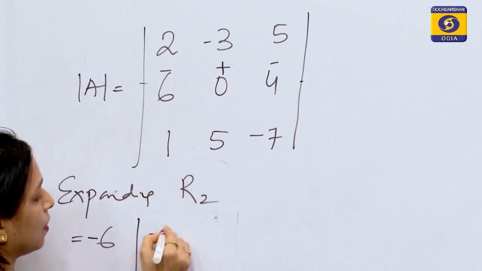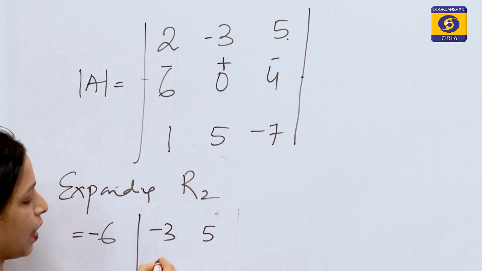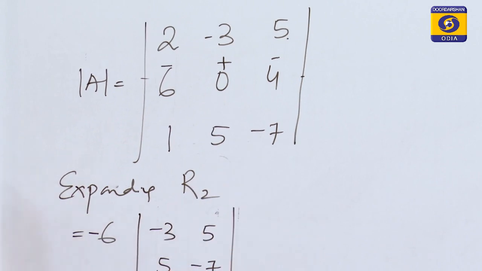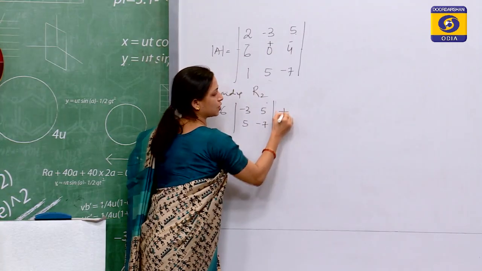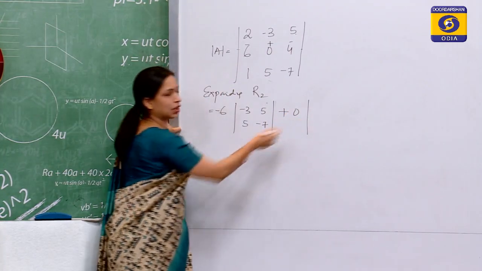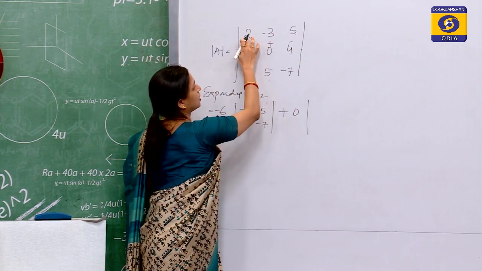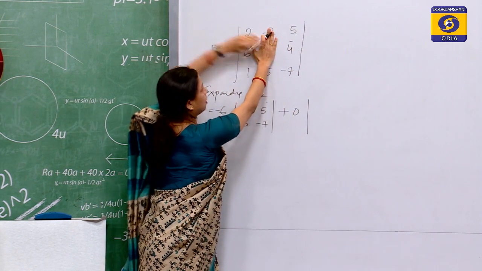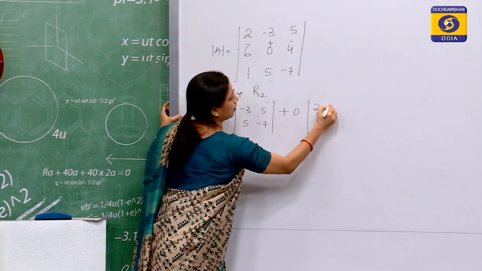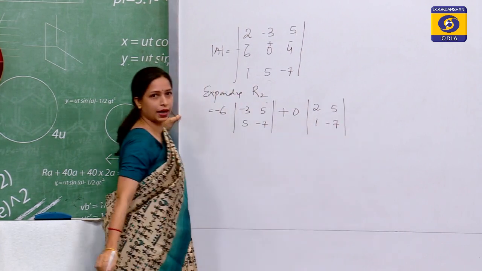So, that means minus 3, 5, 5, minus 7, right. 0's positional sign is plus 0. So, the ultimate result will be 0, but still for your understanding I am putting the determinant elements. So, the resultant elements are 2, 5, 1, minus 7, right.